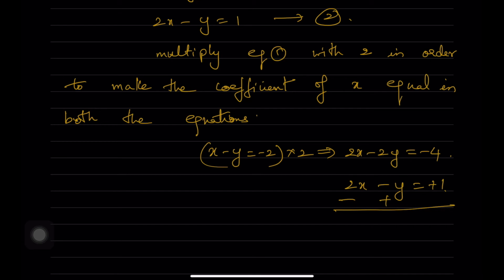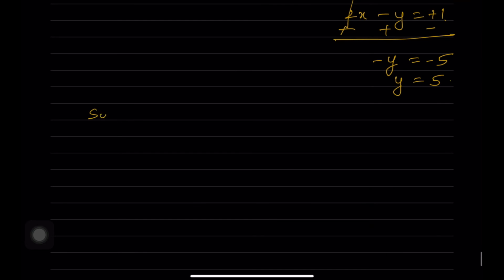Then you subtract both of them. So what are you getting here? The 2x minus 2x cancels, and this becomes -y = -5, or y = 5. You got the y value. Now substitute this y value in one of the equations.